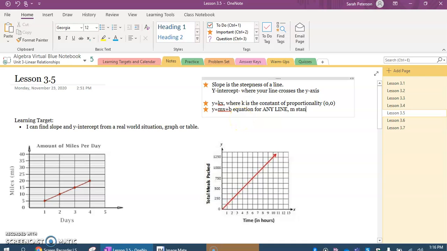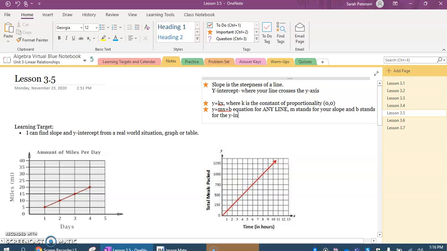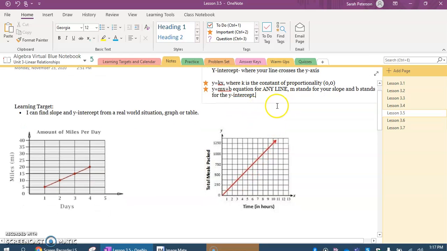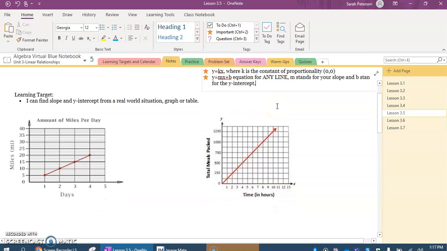M stands for your slope, and the b stands for the y-intercept. It's very similar to the equation you're used to, but now we just have to account for that y-intercept. So whatever it starts at, we have to make sure to add that on to whatever our slope is. We'll come back to this idea in a minute, but I just wanted to introduce it to you in this video.